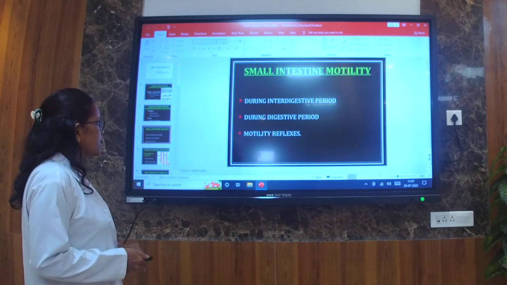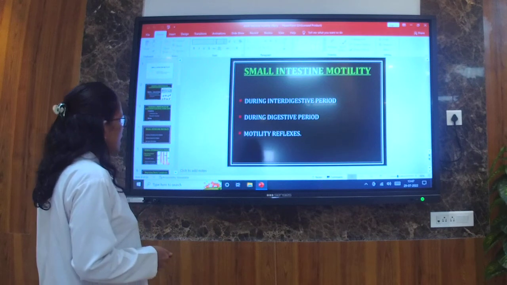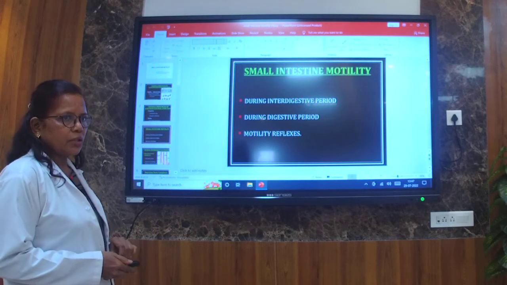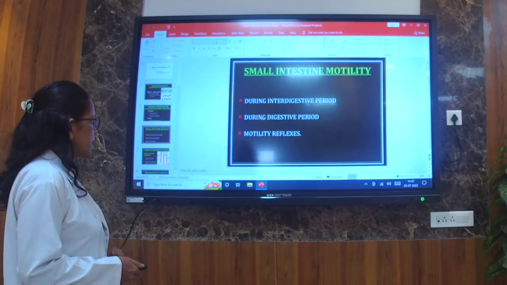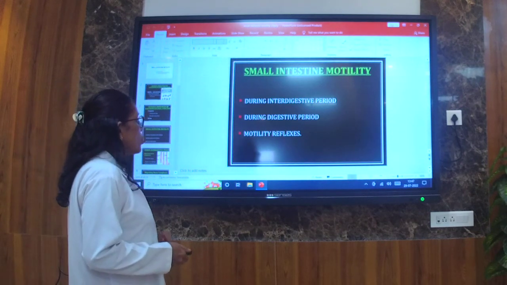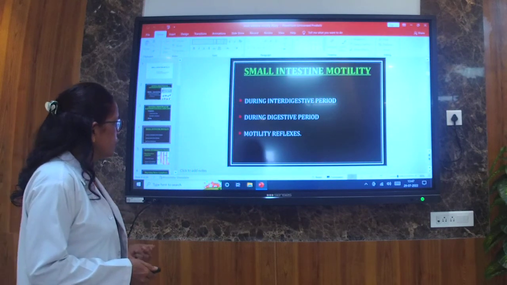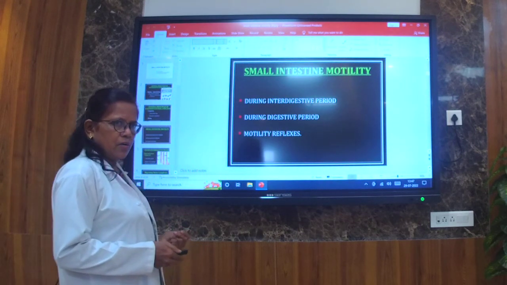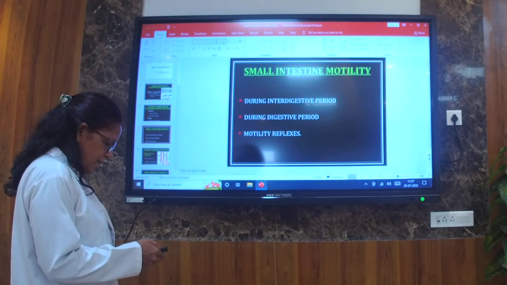That step is called the interdigestive step. During the digestive period, food enters the stomach and the intestine. And the next one is the motility replace step, that is, undigested food entering into the large intestine, called motility reflexes.